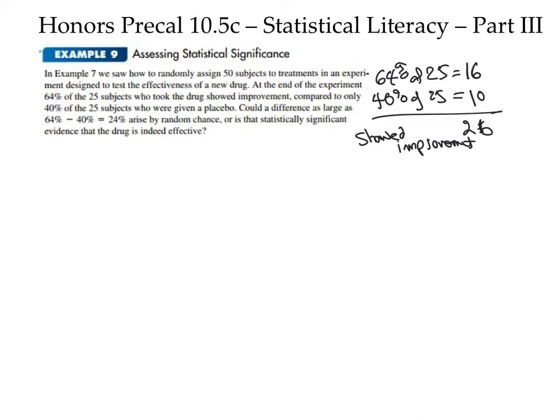So the idea is we're going to generate 26 ones, meaning showed improvement, and 24 zeros, and this represents the outcomes, and then we're going to randomly split them into 2 groups of 25 by sorting them. And we'll look at the percentage of ones in each group to see how big a difference might occur just by chance. So if we do that, you get the following table.